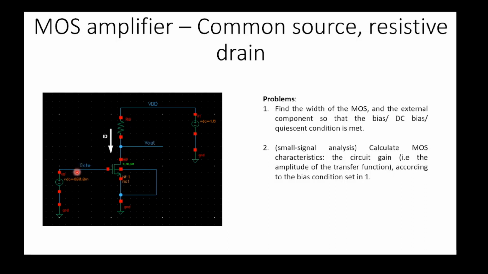We have the small signal here, and the output will have an amplified signal, and we want to know the ratio between the V out here over the V in here. The small signal input we call V in, and then there will be a variation signal at the output, and we call it V out. The ratio between V out and the small signal V in is called the gain of the circuit.